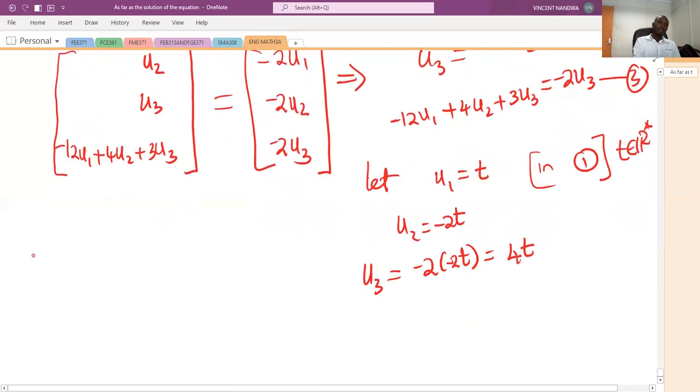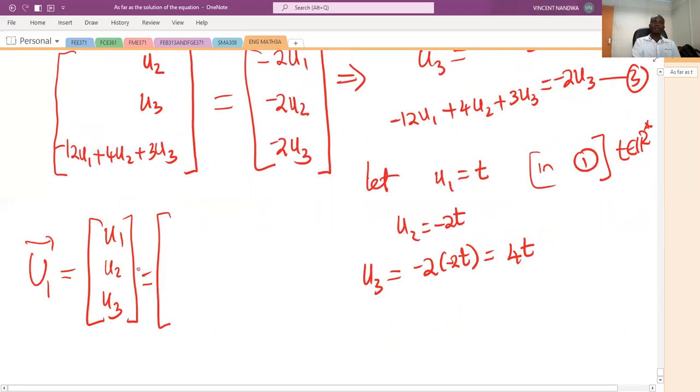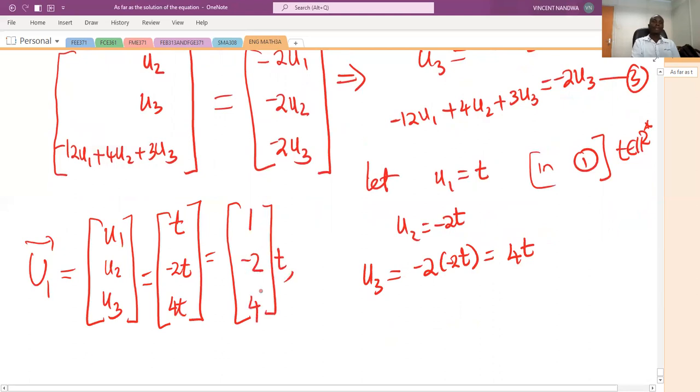So thus the u1 vector will be u1, u2, u3, so t, minus 2t, 4t, which is 1, minus 2, 4 times t. And when t is 1, then u1 will be 1, minus 2, 4.